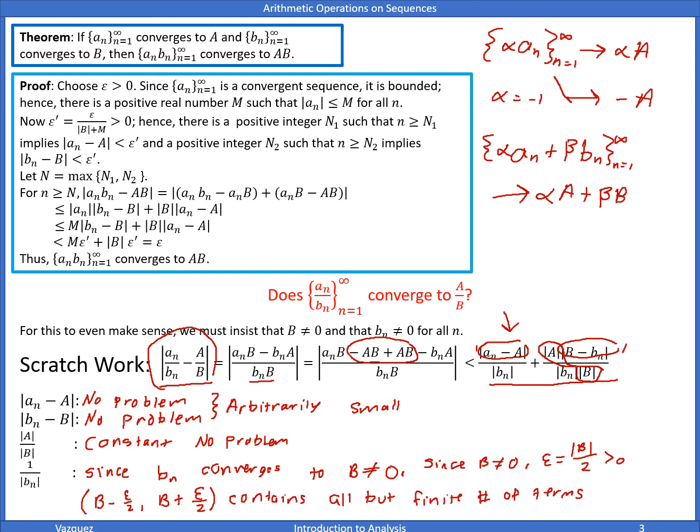So what does this tell us? This tells us that the choice of epsilon makes it clear that all terms in this neighborhood are bounded away from 0.